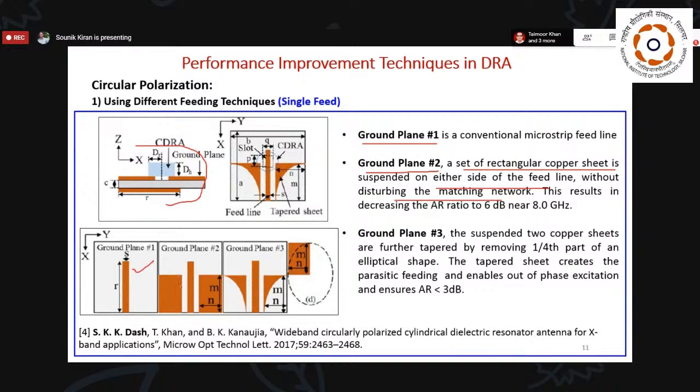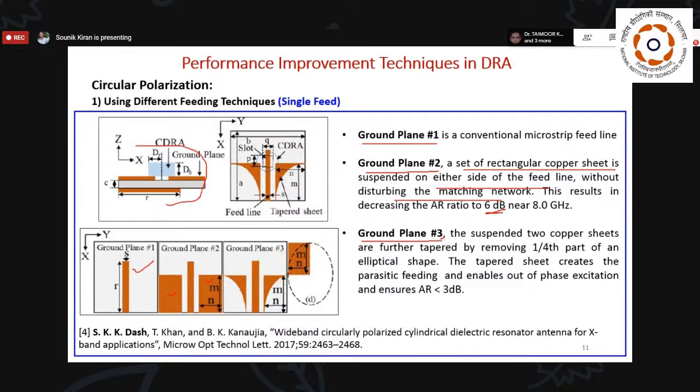When we put these in, we checked the matching value; if the matching is not disturbed, then it's okay. We found that the axial ratio reduced by around 6 dB. But as we know, unless the axial ratio is below the 3 dB line, we can't assume it is circularly polarized. So we again restructured the parasitic strips, which we named ground plane 3.